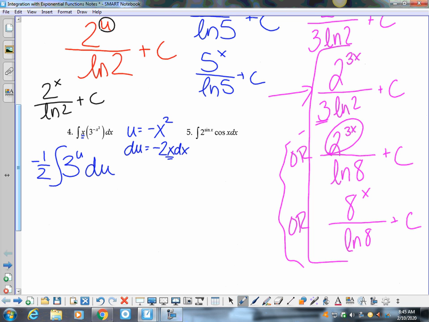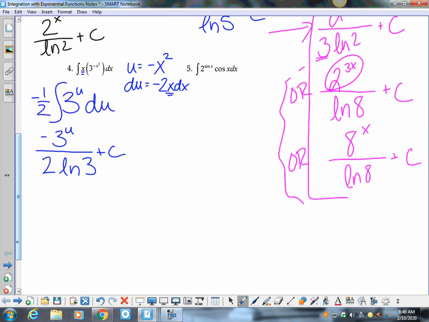So then that's going to give me what? Negative 3 to the u over ln of 2 ln of 3, plus c. And then put your u back in here.